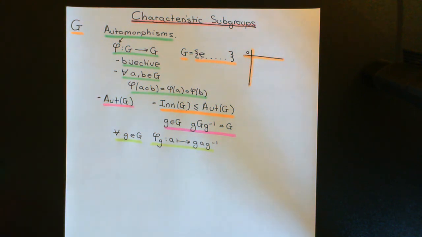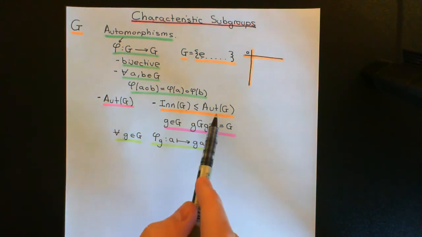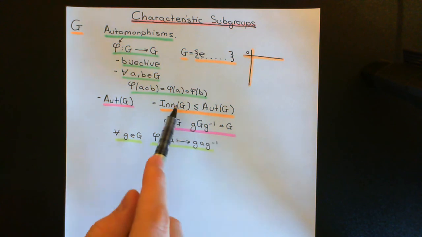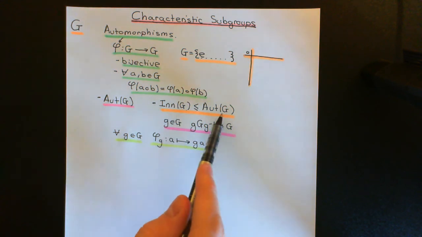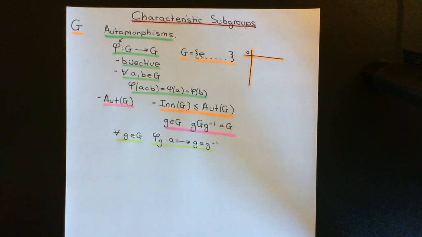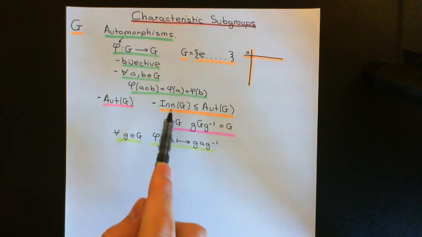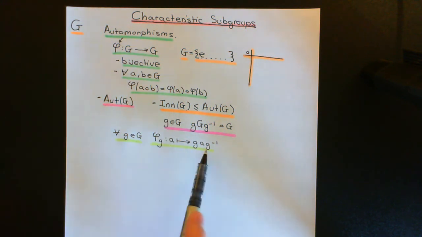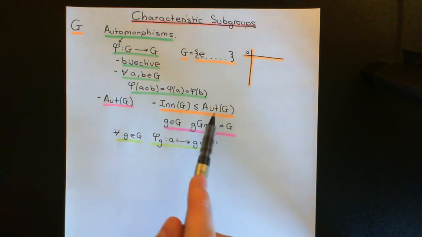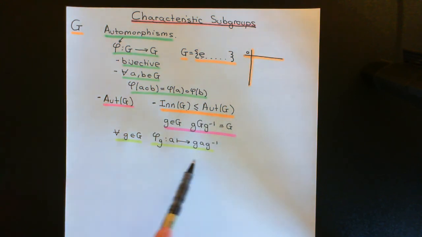The other important thing to say is that usually there are other automorphisms of the group that are not inner automorphisms. So usually this is a proper subgroup of this. Not all of the automorphisms of G are necessarily inner automorphisms of G. But it's a nice, easy to find set of automorphisms of G. I hope you all agree that constructing this is quite difficult, but constructing this is extremely easy.